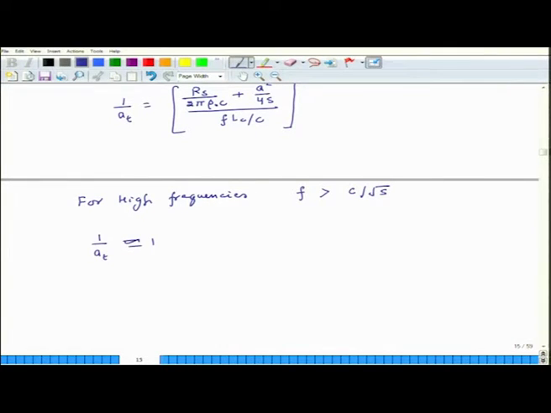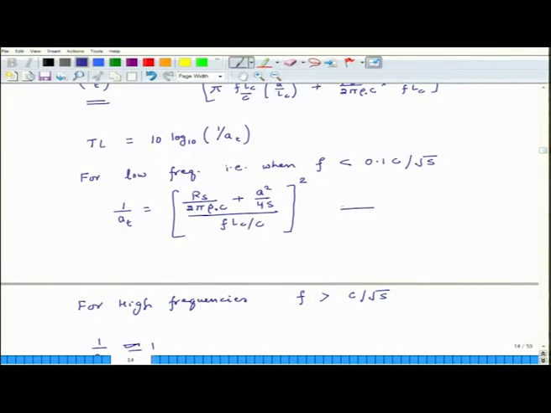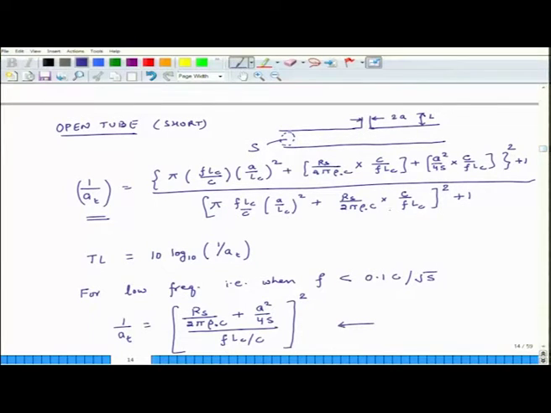So, there is no transmission loss of the energy at high frequencies, and at very low frequencies we can calculate my transmission loss using this relation, and for intermediate frequencies or for the entire frequency bandwidth we can calculate transmission loss by calculating the parameter 1 over AT by this long complicated expression. So, this closes our discussion on the open tube.